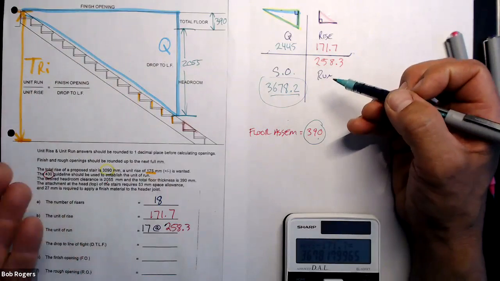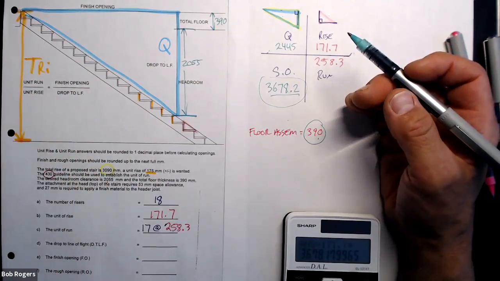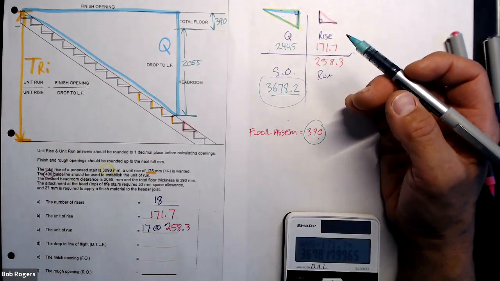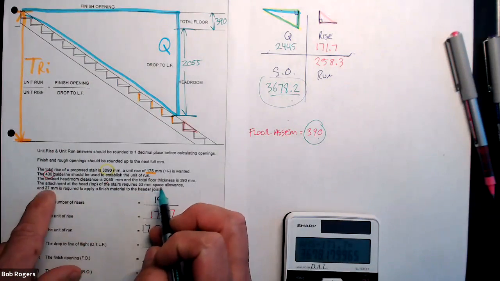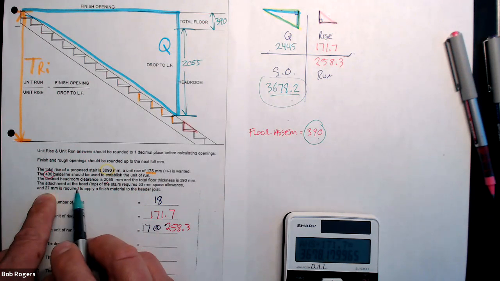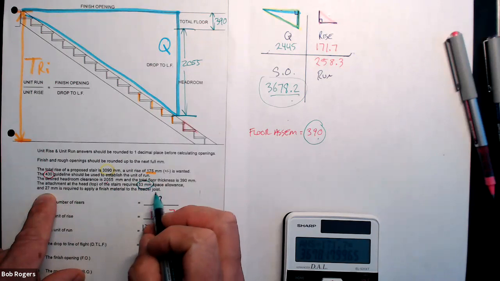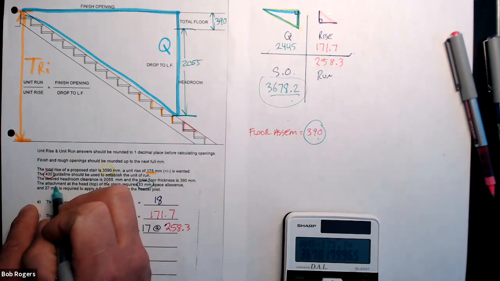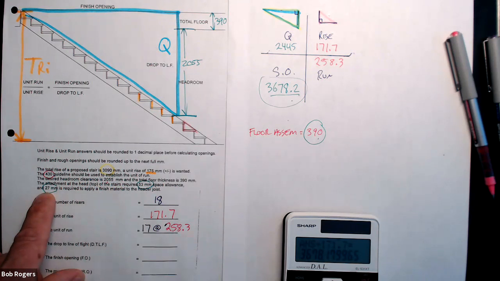So then we cross multiply divide, we end up with our stairwell opening. And now, of course, the typical rule is we add on for finishes. We generally add 75 millimeters for finishes, but in this case here, it's actually giving us our numbers already. It says here, the attachment at the head, top of the stairs requires 53 millimeters of allowance, and 27 millimeters is required to apply a finish material to the header.